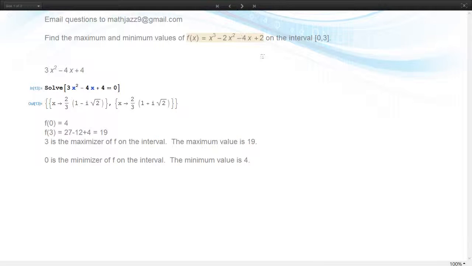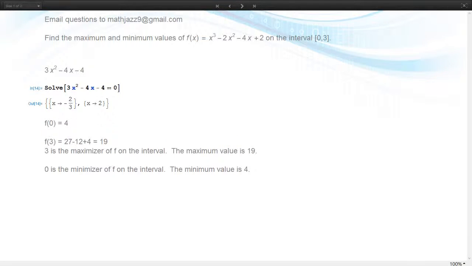So we're going to get the same process to figure out where the maximum and minimum values are, but this time the derivative will have a negative sign there. When we solve, we'll have a negative sign here. We get negative 2/3 and 2 as our critical values. Negative 2/3 is outside the interval, so we ignore it. But now we need to calculate f of 0, f of 3, and f of 2.